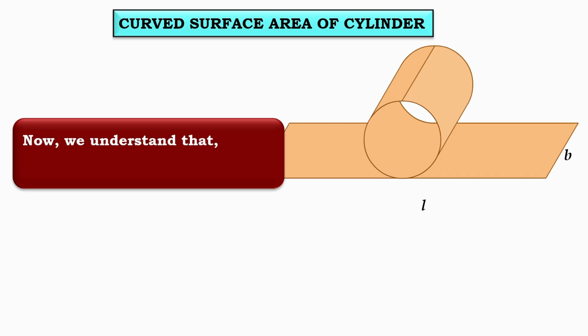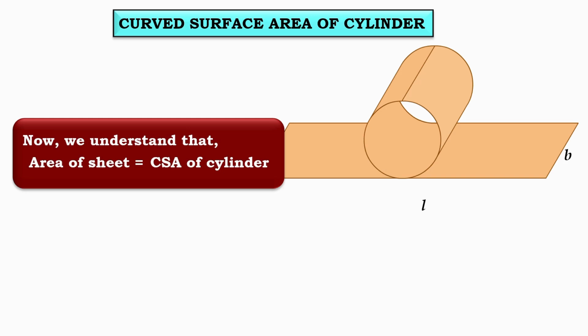Now we understand that the sheet is rectangular. The area of the sheet and the curved surface area of the cylinder are the same, because if we fold a rectangular sheet to make the cylinder, and we don't consider the bottom circle and the top circle, then the other part is the curved surface area.